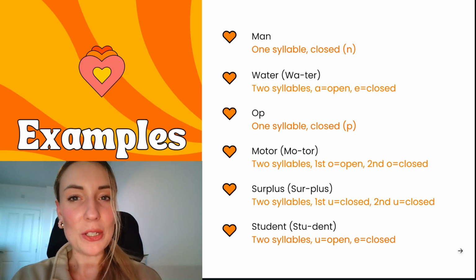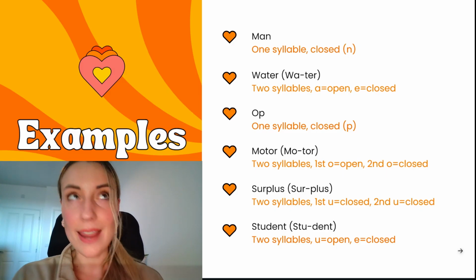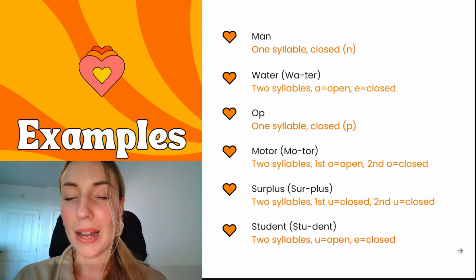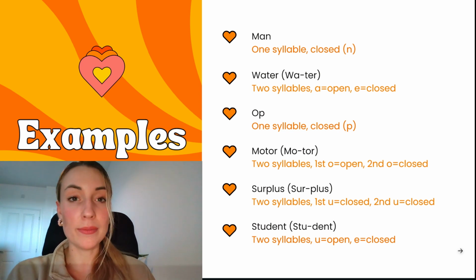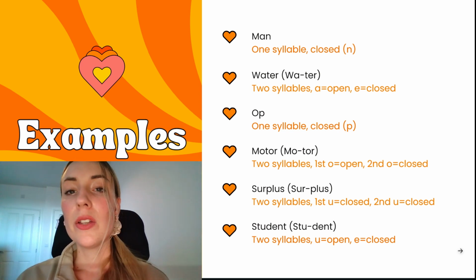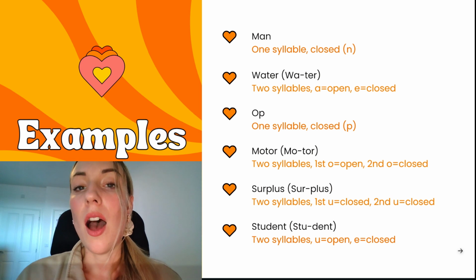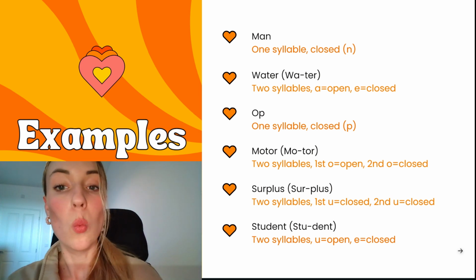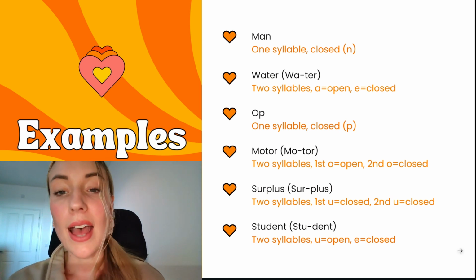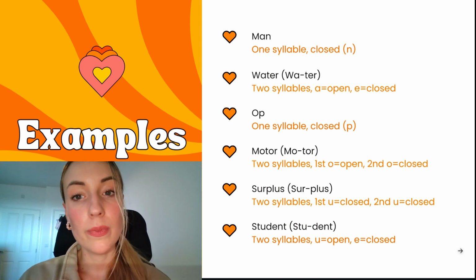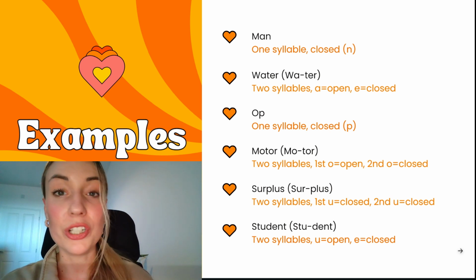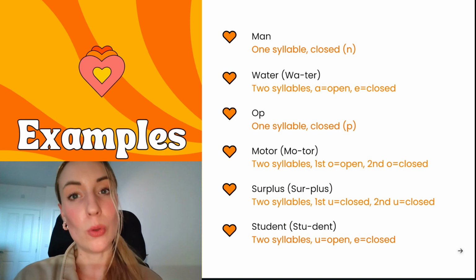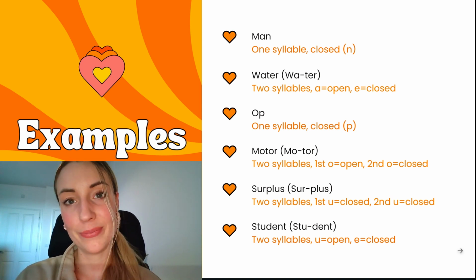So let's get into a few more examples in case you need it. First word, man. Means man. Pretty easy, right? The reason that is a short ah sound, man, is because it's one syllable and it's closed. It ends in an N, which is a consonant. Rule number 2, which means it's a short sound, man.